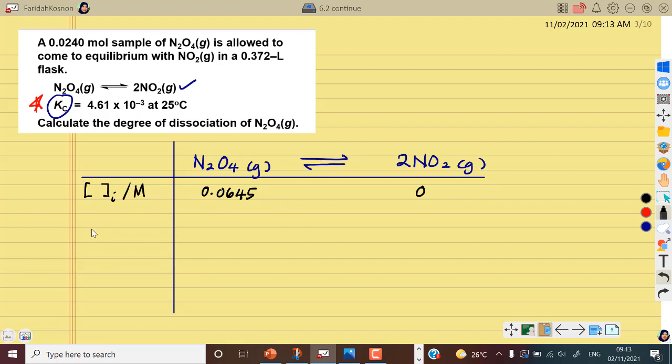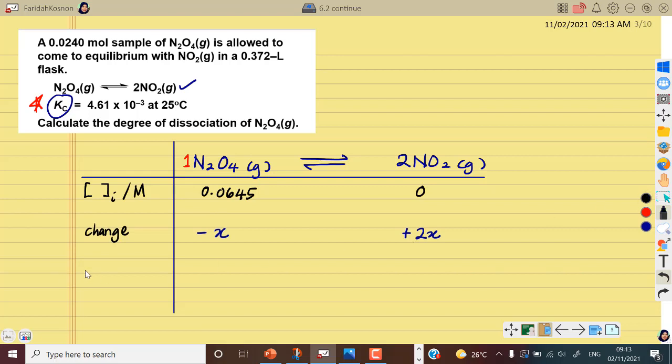When the reaction starts, what happens? The concentration of the reactants and product will change. So how much will the concentration of reactant change? We refer to the stoichiometric coefficient, like I taught yesterday. Here there is 1 mole, so it changes by an unknown amount, which we call X. So, minus X. Why minus? Because reactant concentration always decreases. X is the term that we will solve for later on. And the concentration of the product formed will increase by 2X. So you have to put plus here because plus indicates the concentration of the product increases.